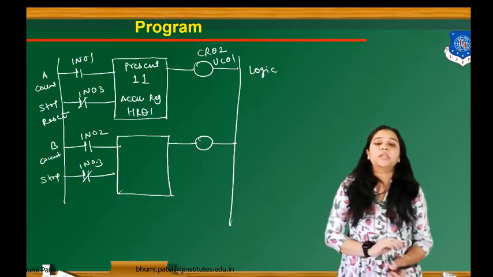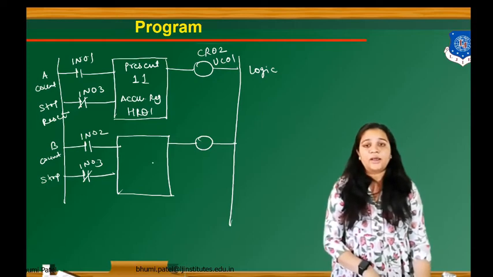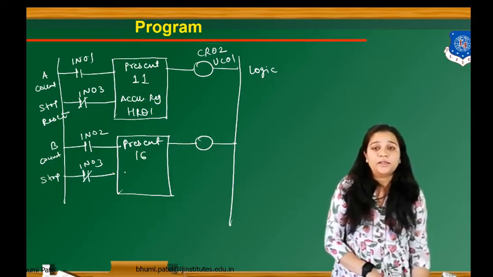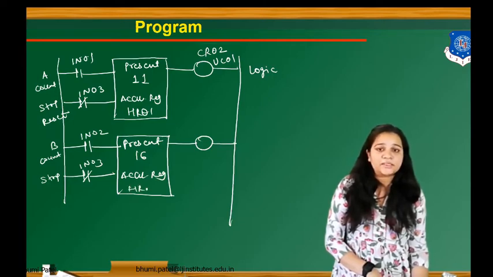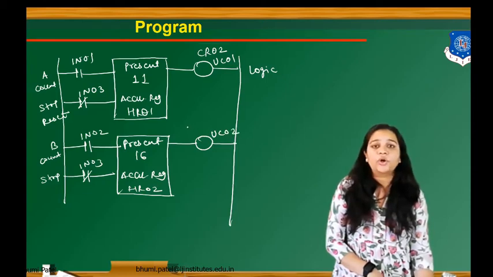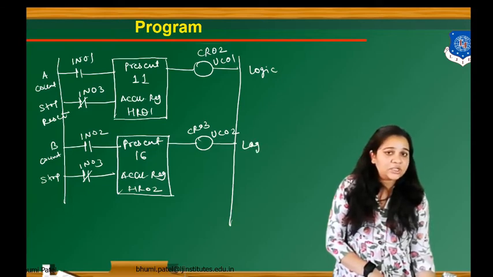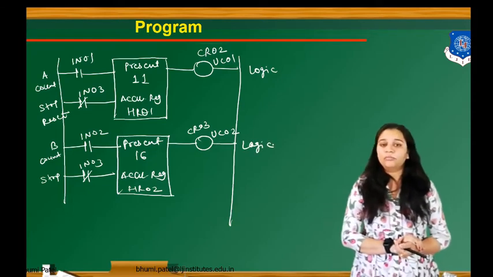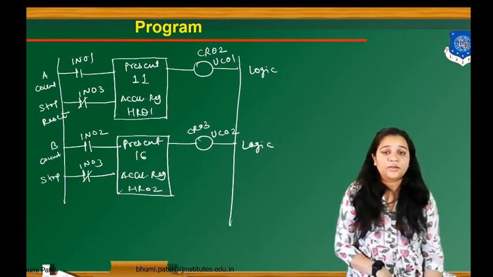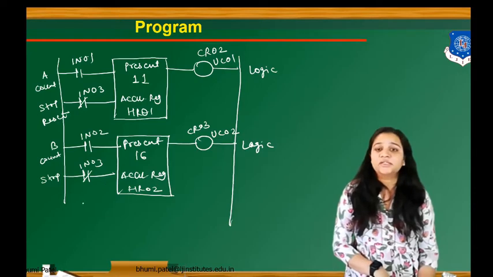So IN03 is my stop button, and the preset value of the B input is 16. We connect the preset here and write the accumulator register, suppose HR02. The command for the up counter is UC02, and suppose the name of the output is CR03. This is the logic for the B input. If the input pin is on, CR03 will be on after the count of 16.